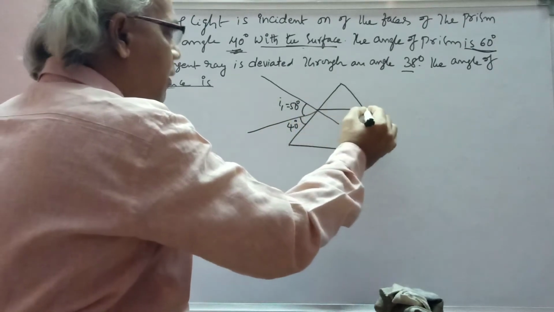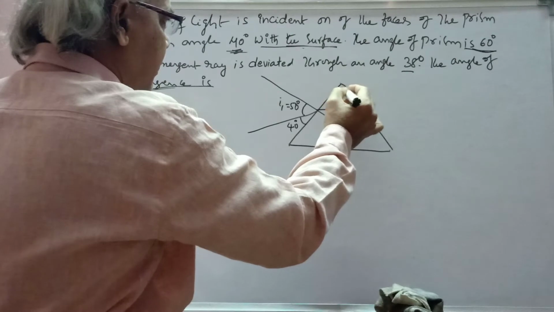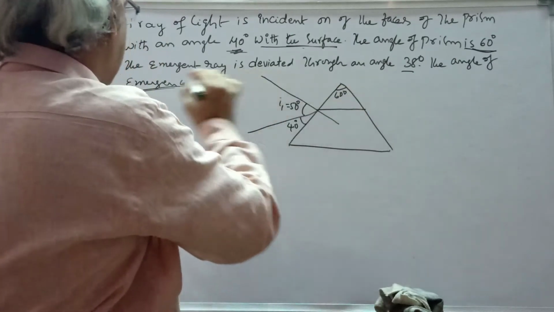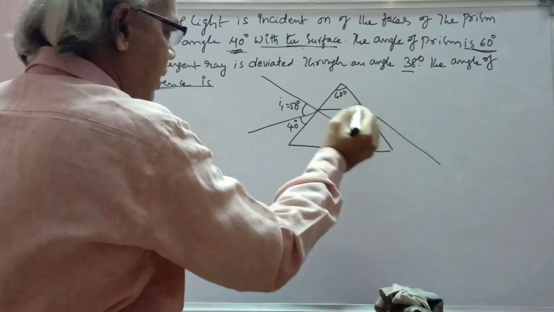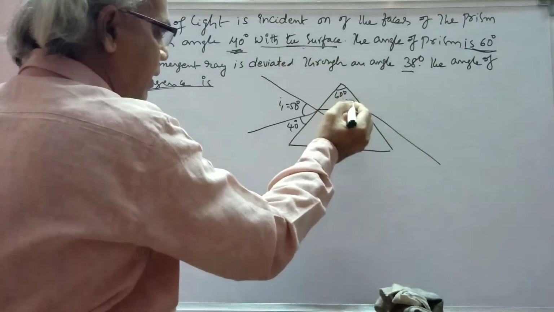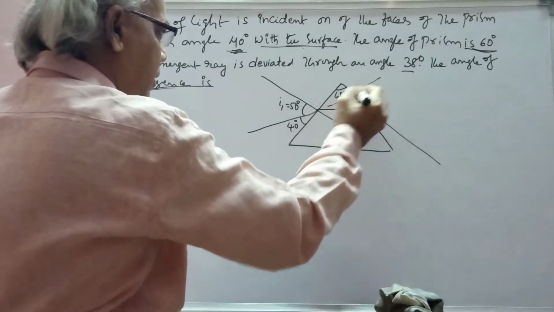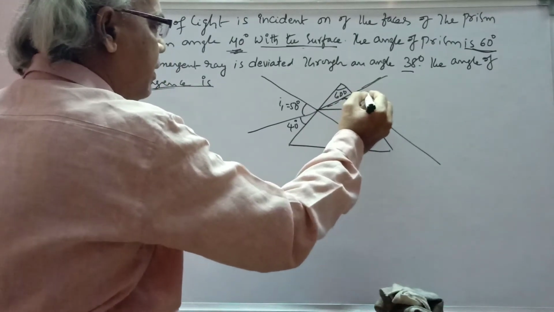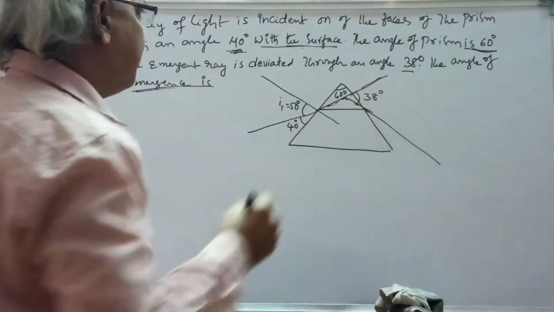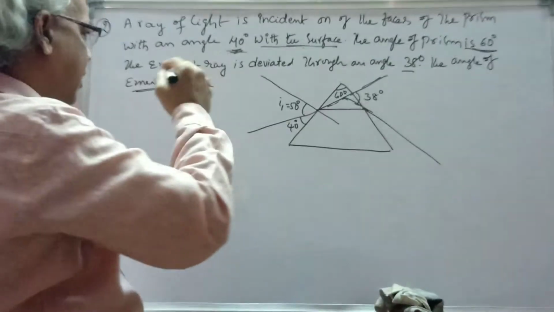Then the angle of prism is also given, that is 60 degree, and the emergent ray is deviated, the angle of deviation given as 38 degree. So what is I2, the angle of emergence?